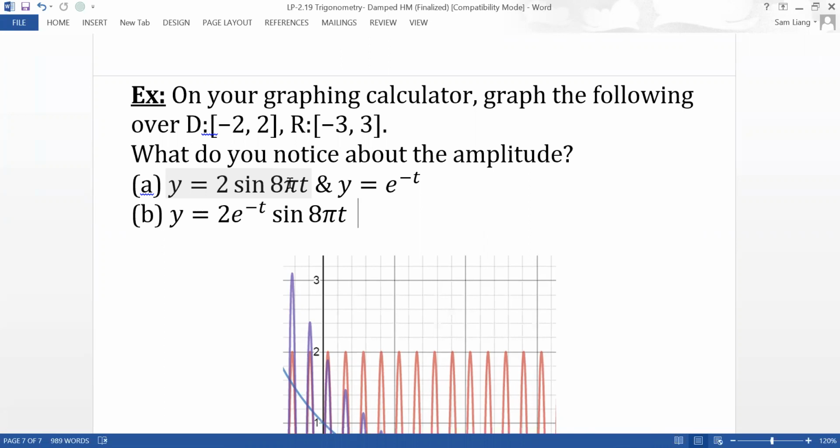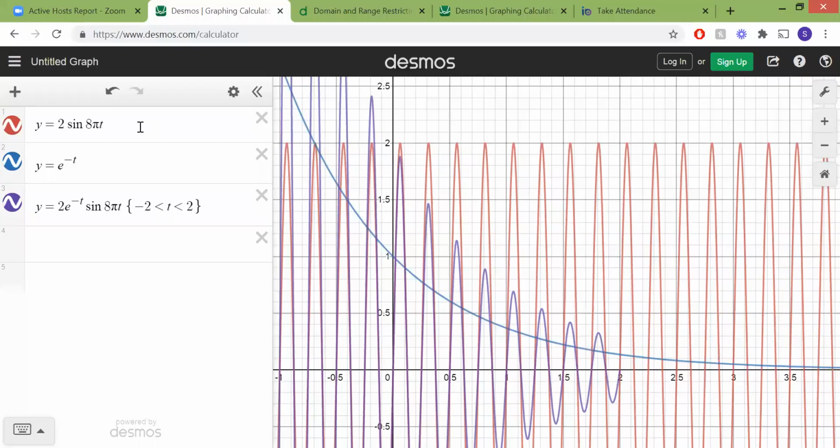All right, it's all right if you're not done yet. Let me just show what I did on Desmos. In red here, I have 2 sine 8 pi t. That's this red graph. That will be simple harmonic motion, right? It goes on forever and doesn't change the amplitude. Then we have in blue e to the negative t, which is exponential decay.